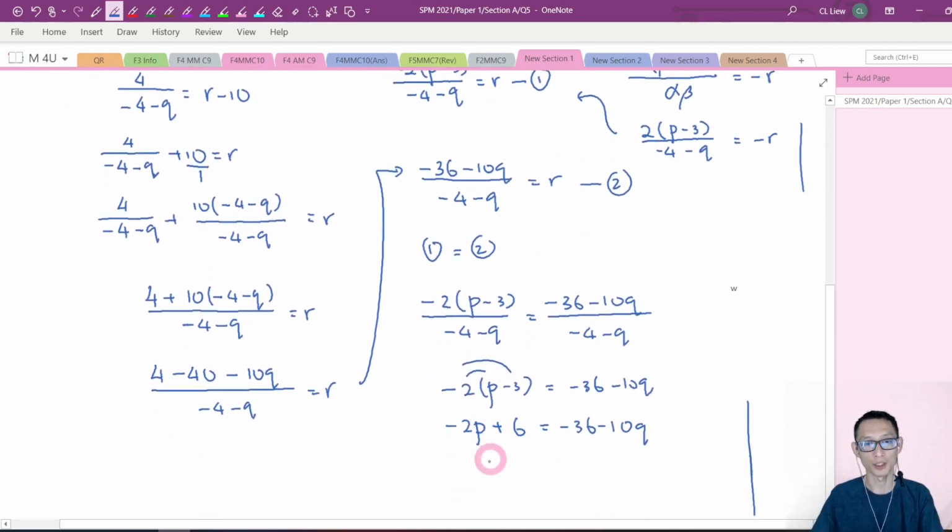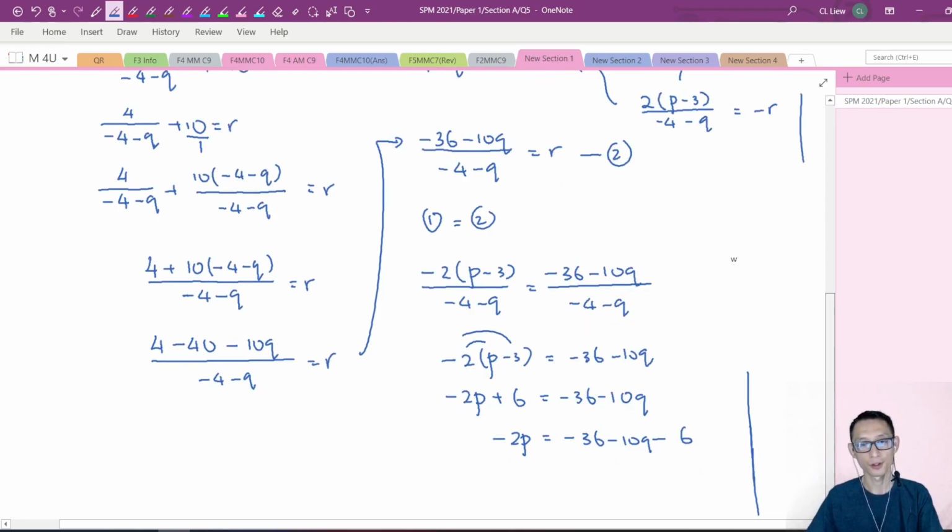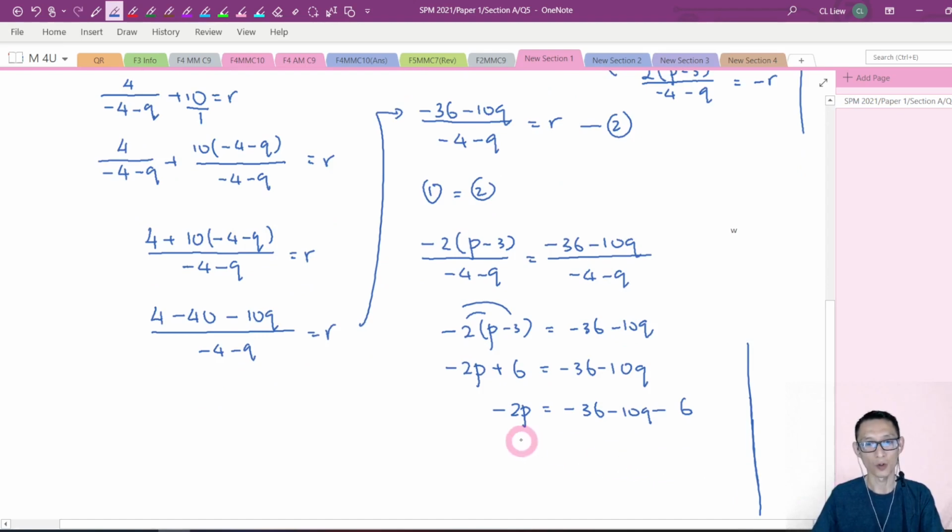So we have to isolate the p. So negative 2p is equal to negative 36 minus 10q minus 6. Okay, negative 2p is equal to negative 36 minus 6. You will get negative 42 minus 10q. Okay, negative 2 times p will become this whole thing divided by negative 2.